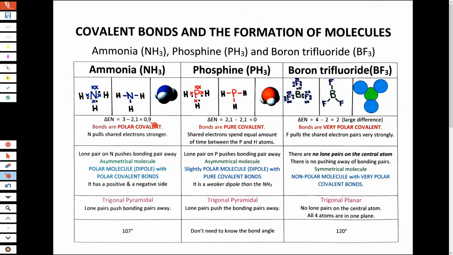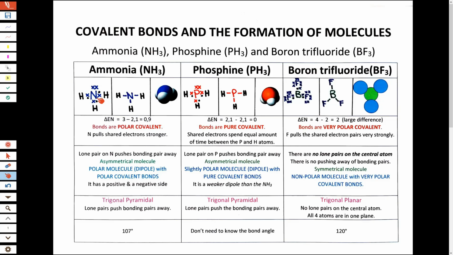In ammonia, the electronegativity difference is 0,9. The electronegativity of nitrogen is 3 and that of hydrogen is 2,1. So the difference is 0,9. So the bonds are therefore polar covalent.